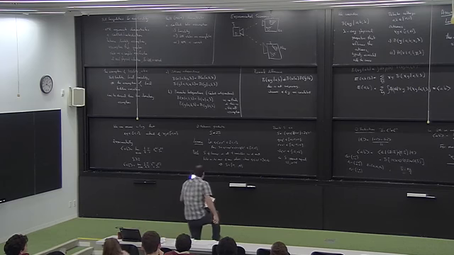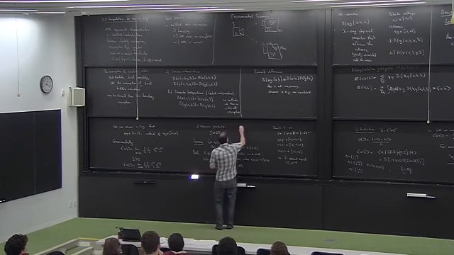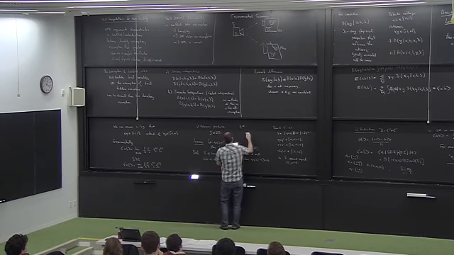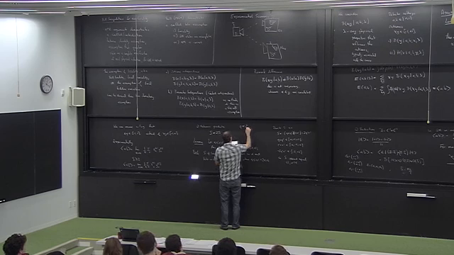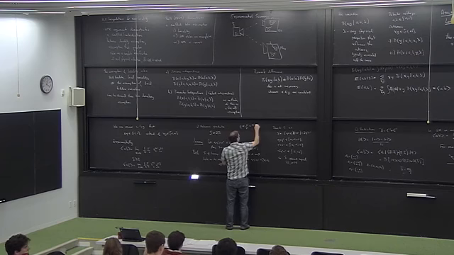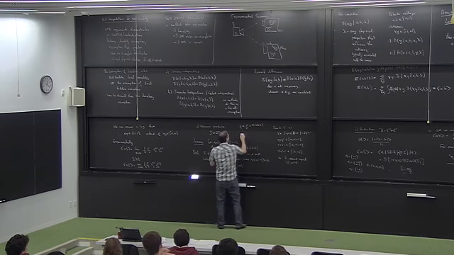Right, so let me just add that here Q is defined to be a sum over X times the probability of X given A comma lambda. And so Q prime is defined in terms of A prime.